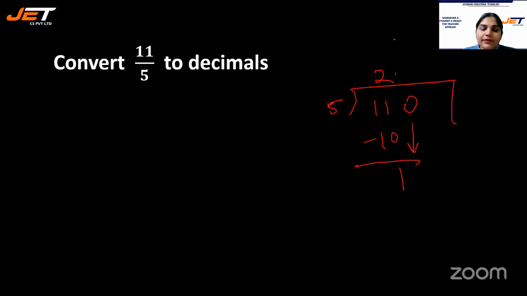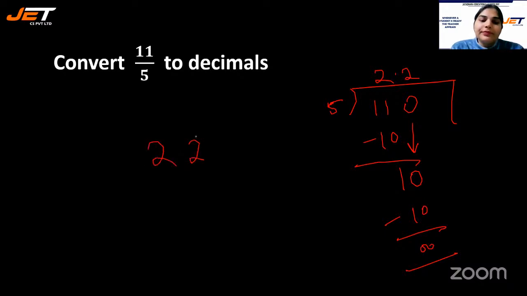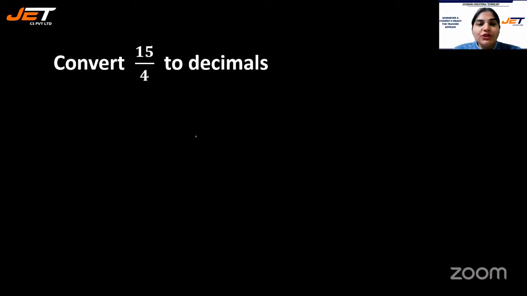So 5 times 2 is 10. This is 2.2. So 11 by 5 can be written as 2.2.